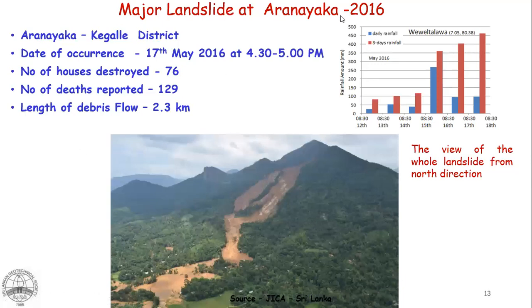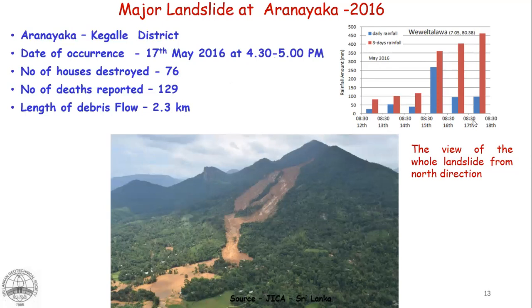So coming to some further details of this Aranayaka landslide, which occurred on 17th May 2016 in the evening, destroying 76 houses and causing 129 deaths. So that was the initiation area, and the debris flow went on for 2.3 kilometers.